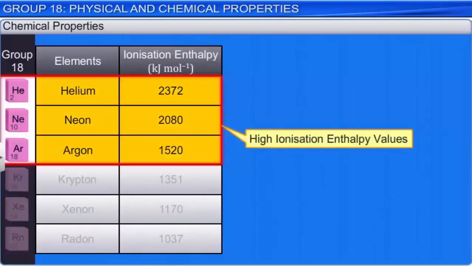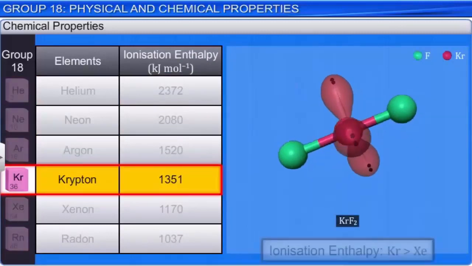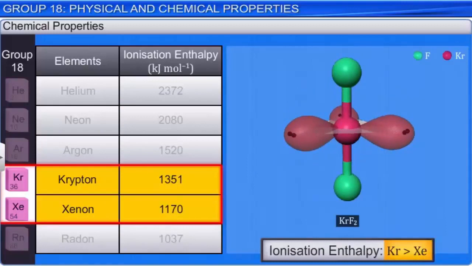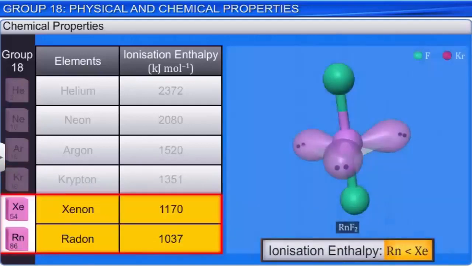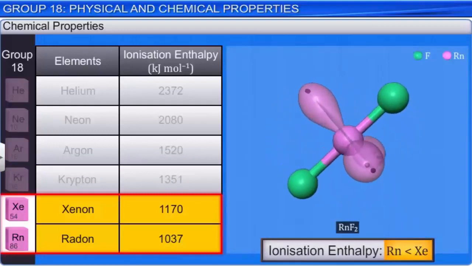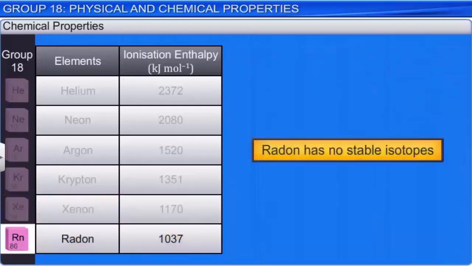On the other hand, krypton forms only krypton difluoride, since its ionization enthalpy is slightly higher than that of xenon. Even though radon has less ionization enthalpy than xenon, it forms only some compounds like radon difluoride and some complexes, since radon has no stable isotopes. However, xenon forms a markedly greater number of compounds.